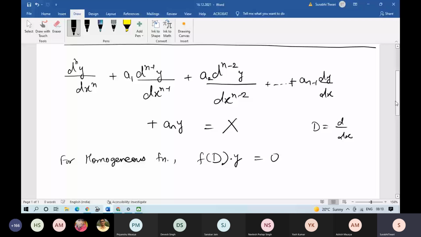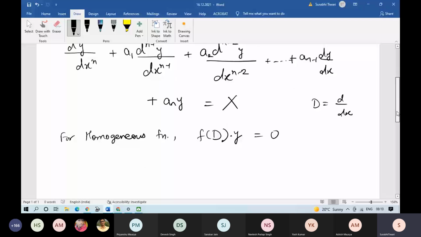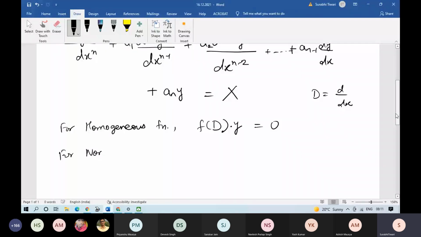And for non-homogeneous, the equation is f(D) into y is equal to capital X. This capital X is some function of x.